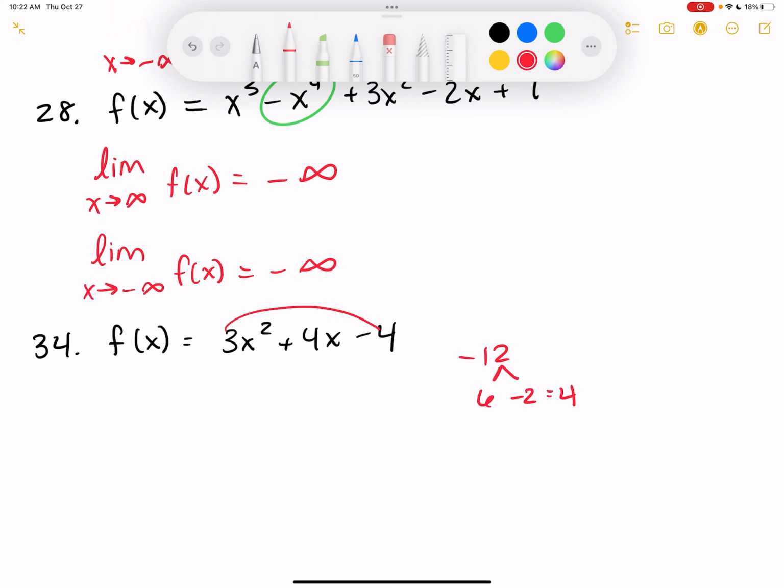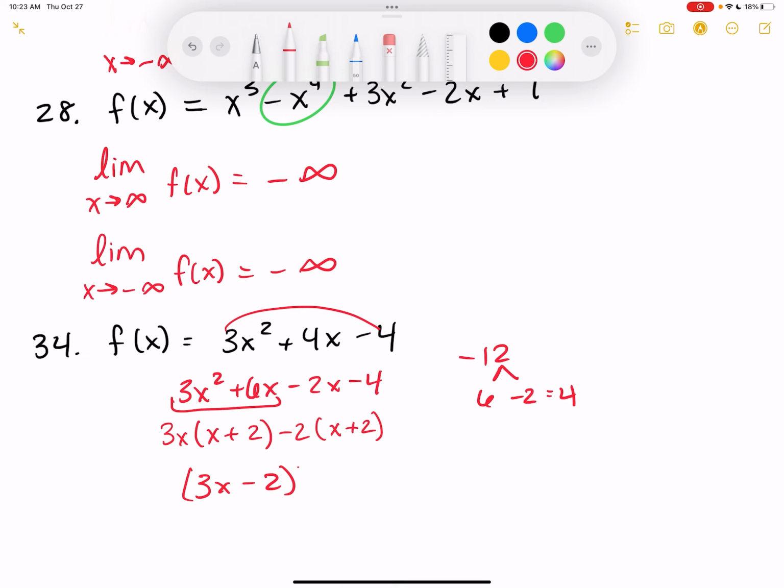So 3x squared plus 6x minus 2x minus 4. Factor by grouping. I can take out a 3x. That leaves me with x plus 2. I can take out a negative 2. Leaves me with x plus 2. So I've got 3x minus 2 times x plus 2 equals 0.